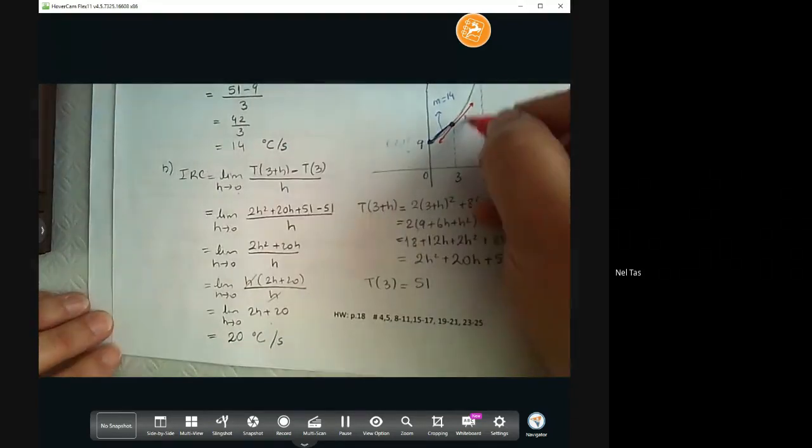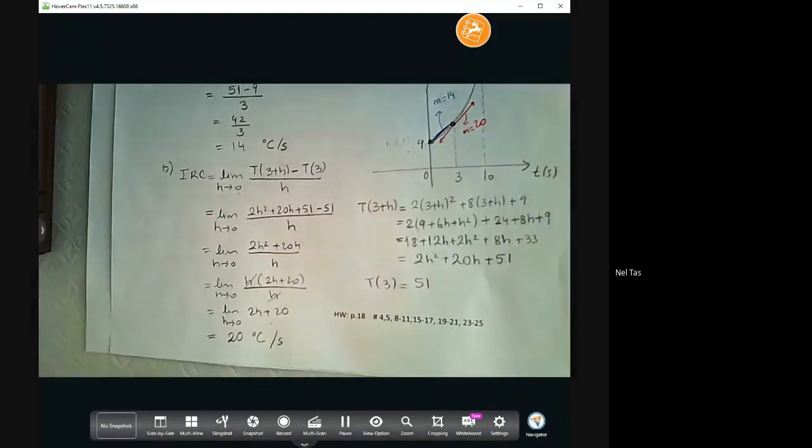So now looks like the slope of it is 20. You could factor 2, but I just needed to get rid of that h. That is the reason I didn't factor 2.